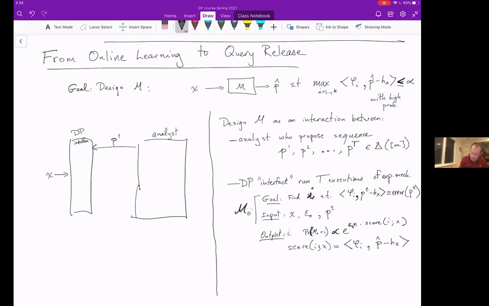So what the interface is going to do, it gets this P1, it's going to run M naught with input P1 and X, and it's going to send back an index I1. And then again, it'll get another candidate distribution P2. It'll run M naught and send back I2, and so on and so forth.